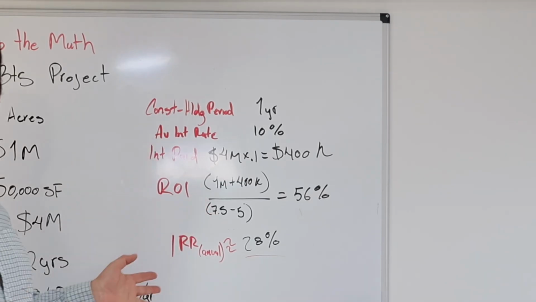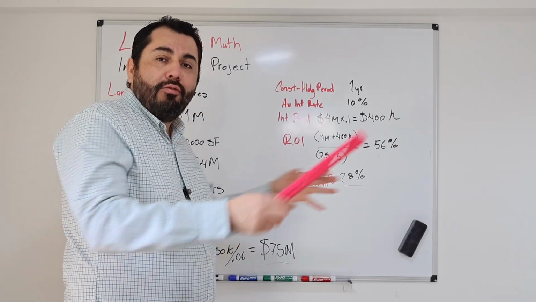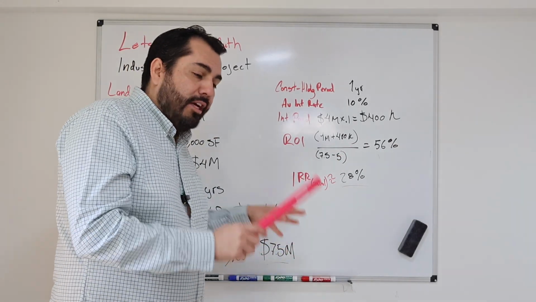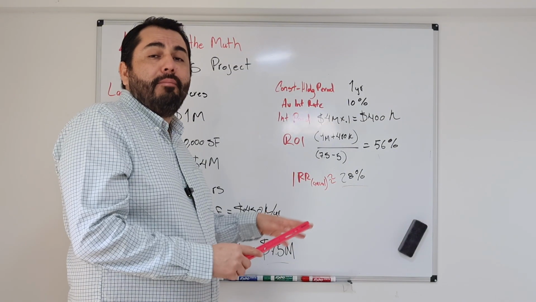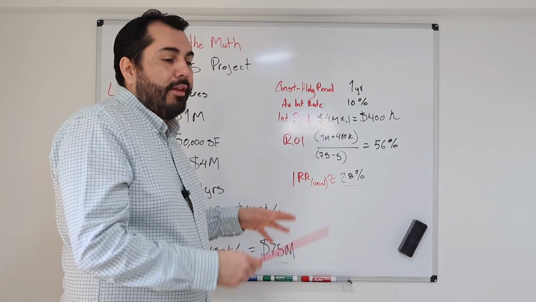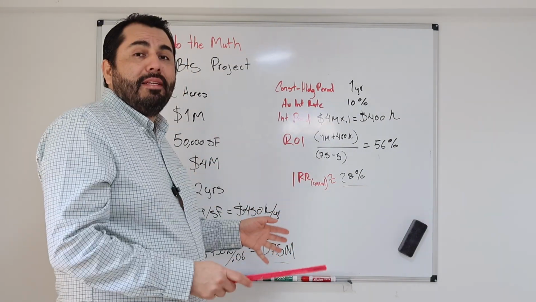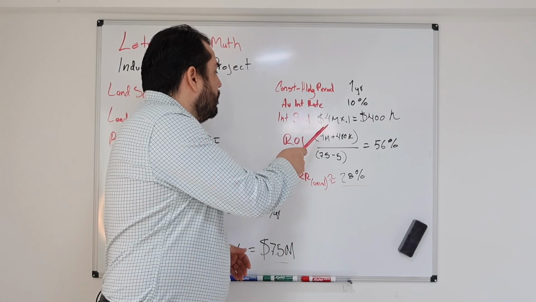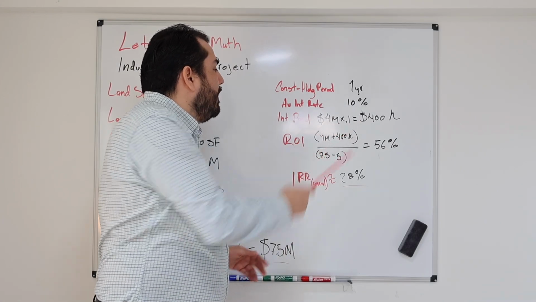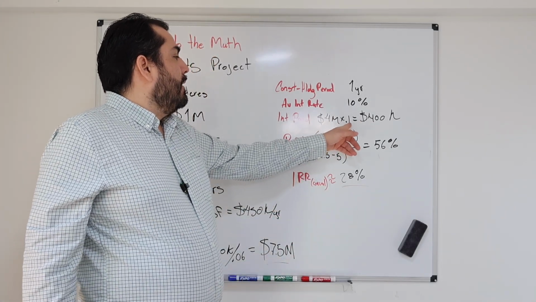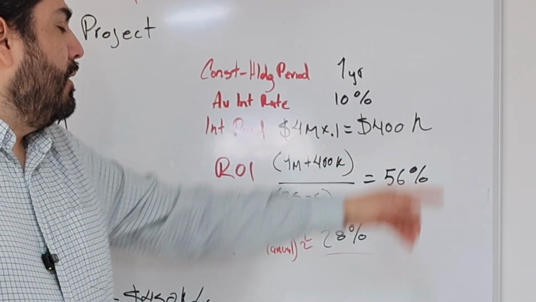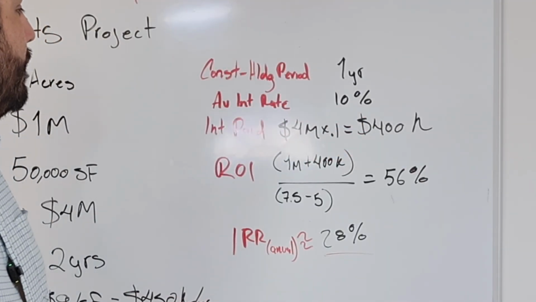Because in construction, first they don't charge you for the whole loan, they just charge you while you are building, for the payments the bank makes. So interest will be 4 million multiplied by 10% for 1 year, which is 400K.